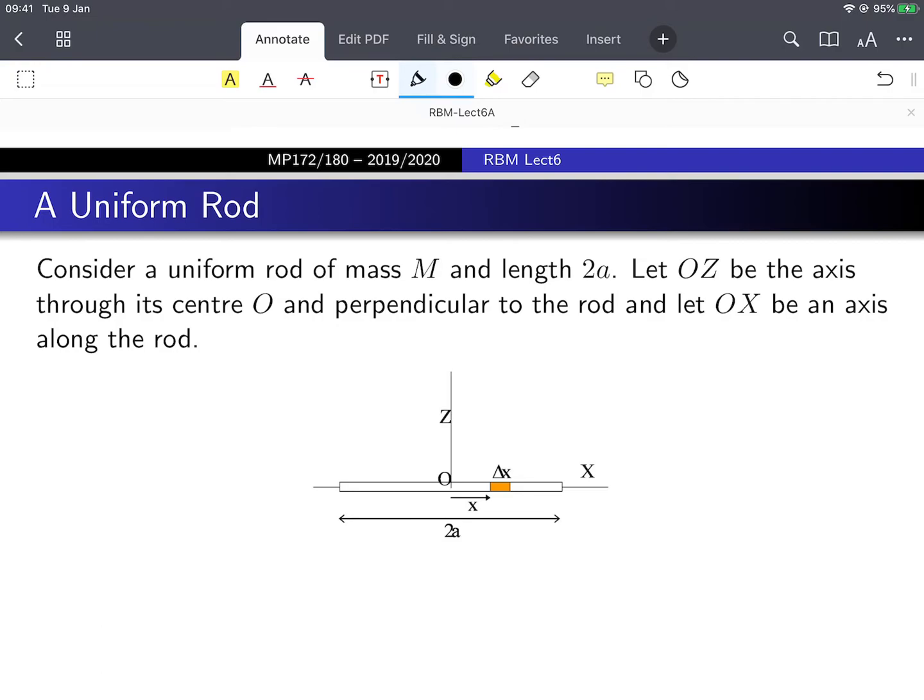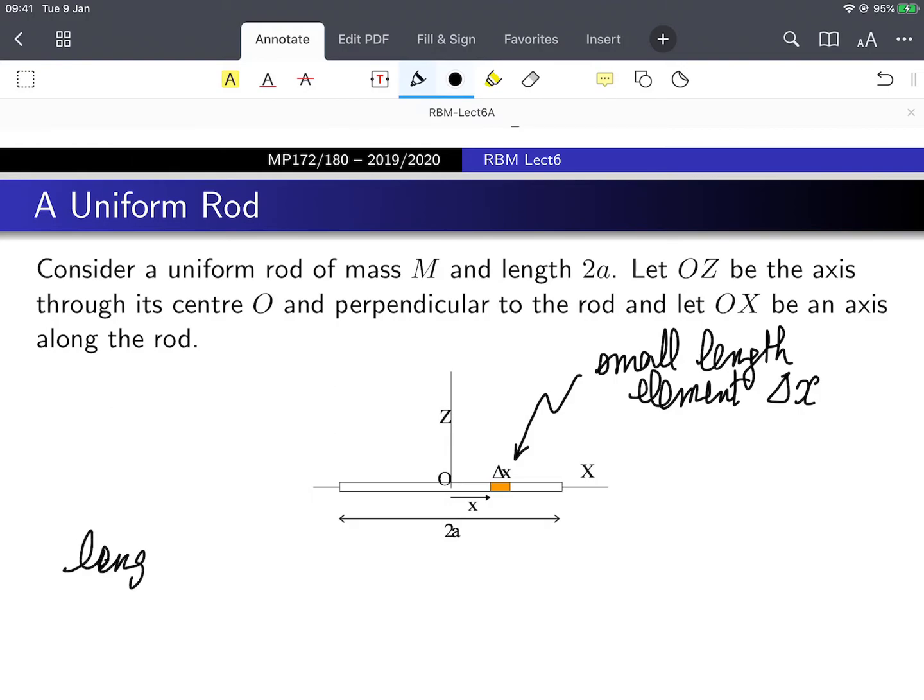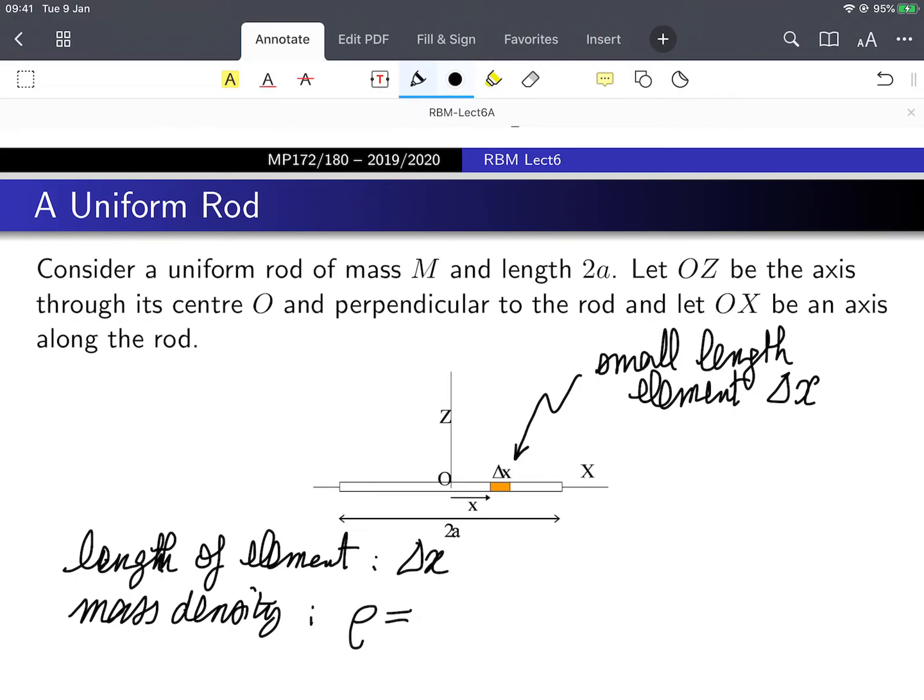What you're going to do is divide the rod into small elements. So now we have a one-dimensional material, just x between minus a and plus a, small elements of length delta x. The mass density is the same everywhere, so the mass density for an element or for the whole rod is the same.